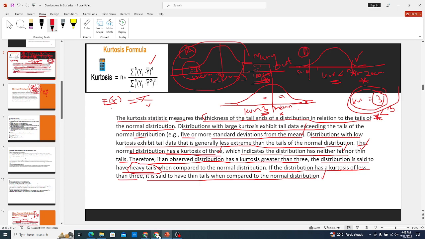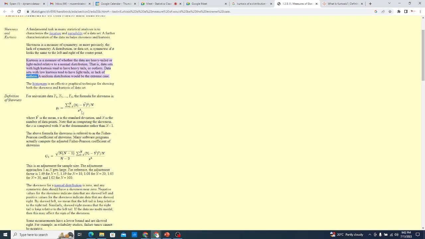That's why we are saying that a data set with high kurtosis tends to have heavy tails or many outliers.